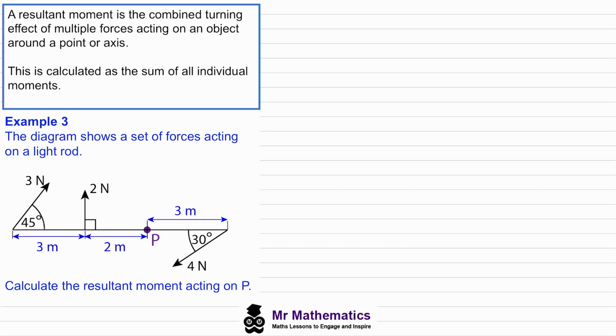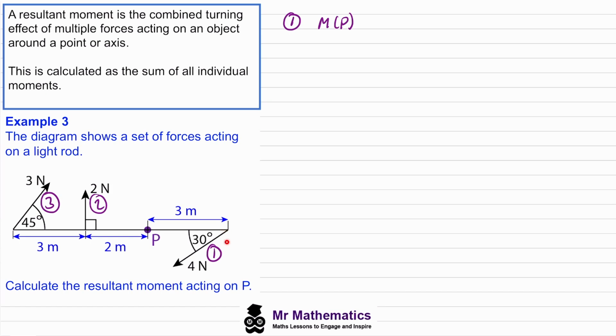So the first thing I'm going to do is break this down into its individual moments. We've got 1, 2, and 3. I'll begin by working out the moment about point 1. So this will be the moment of P. And because it's acting downwards, this will be clockwise. We need to begin by working out the magnitude of this vertical component of the 4 newtons.